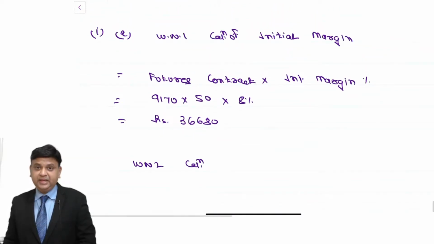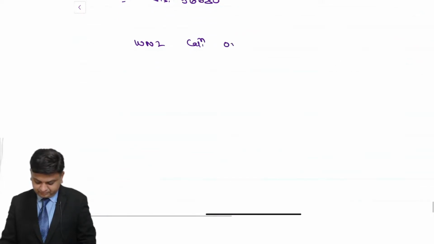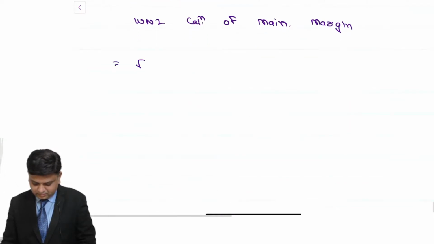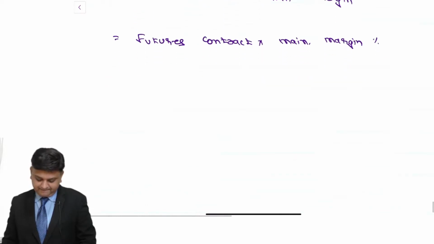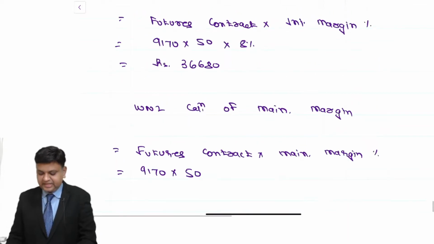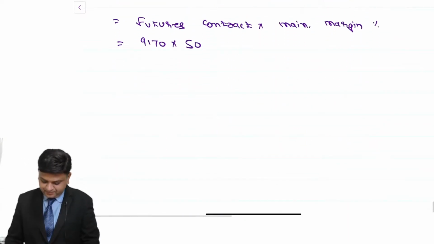Working note number 2 will be calculation of maintenance margin. It is futures contract into maintenance margin, again in percentage term. 9170 into 5050 into 6%.